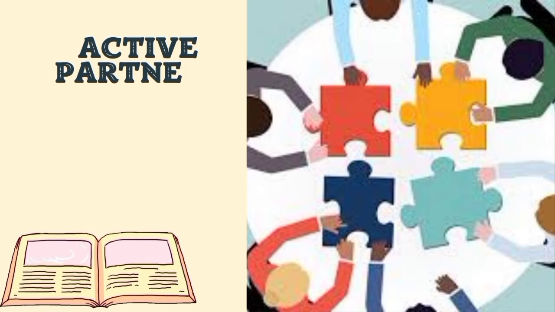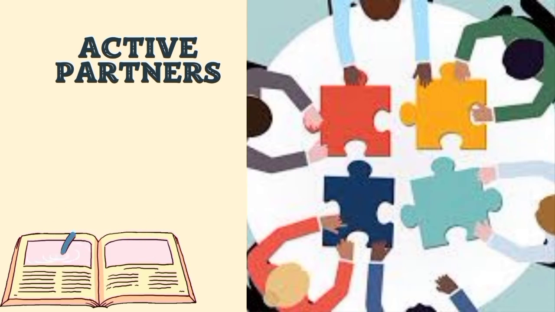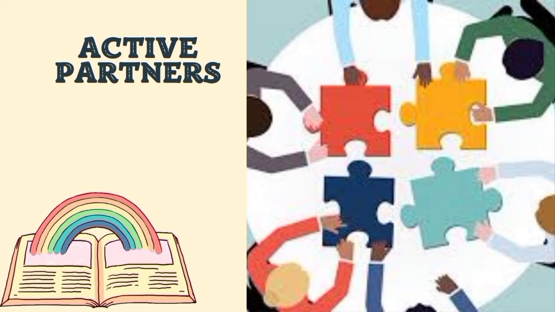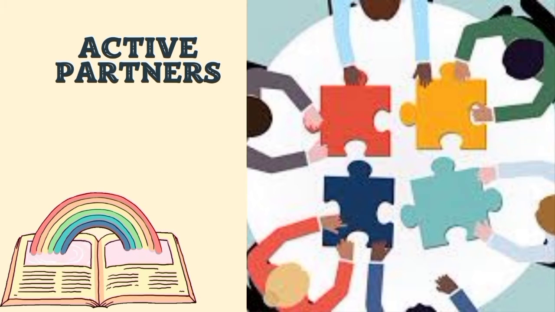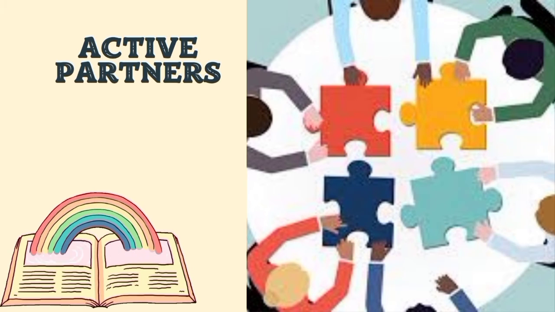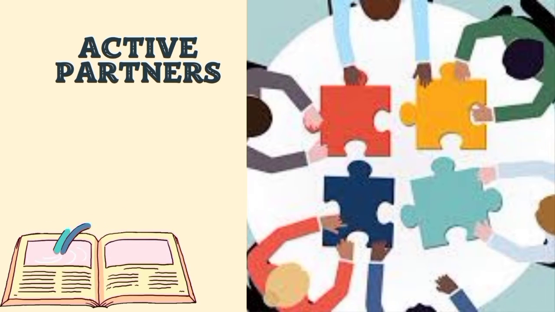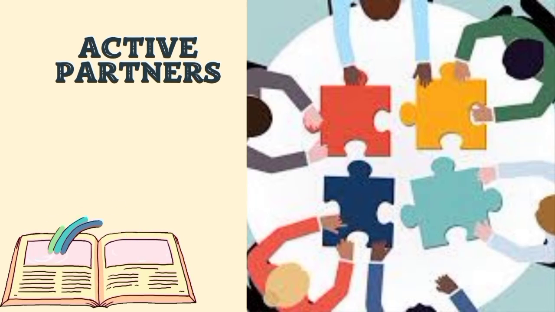But for types of partners, we have active or general partner. They take active part in the formation, financing, management, and the running of the business. So this set of partners are referred to as active or general partners.